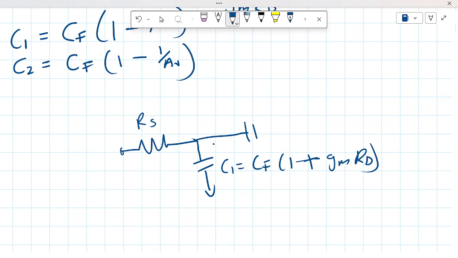Then the other side of the capacitance is given by C2, which is equal to the original feedback capacitance times 1 plus 1 over GMRD.